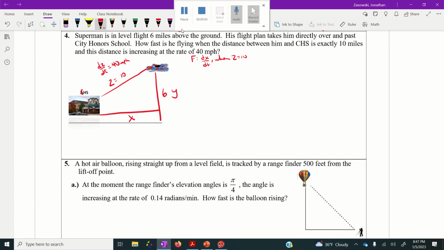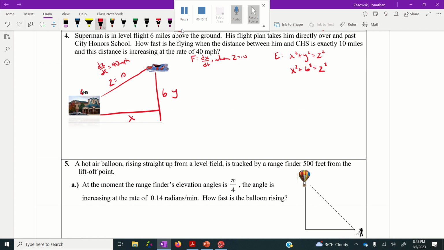Same thing, if we're looking for the side lengths, we would want to use the Pythagorean theorem. That's our equation: x squared plus y squared is equal to z squared. And remember, we don't know what x is, that's going to change. We know y, though, is 6. And then z is also going to change as he's flying. So this is our equation we're going to take the derivative of.